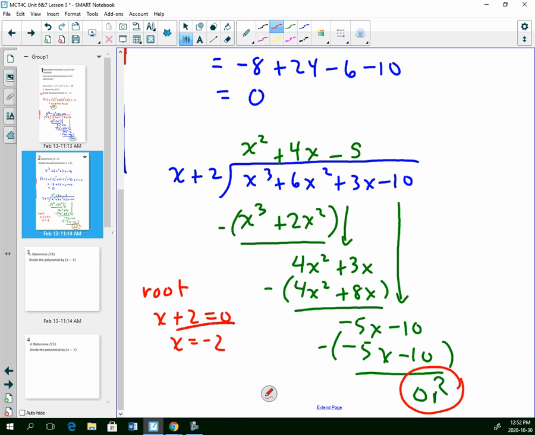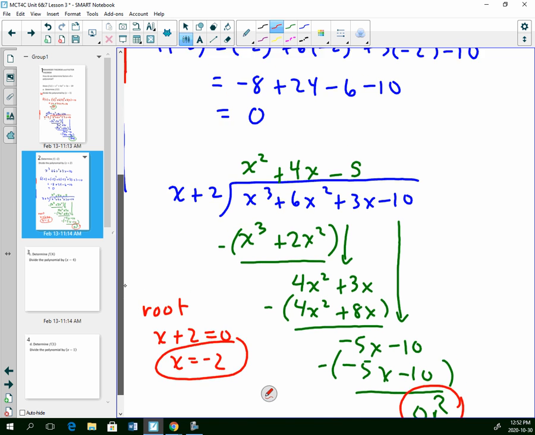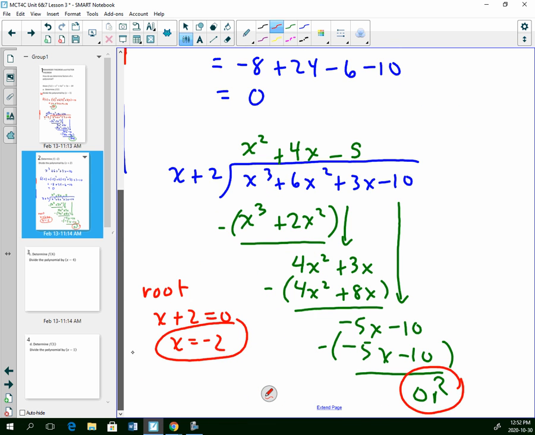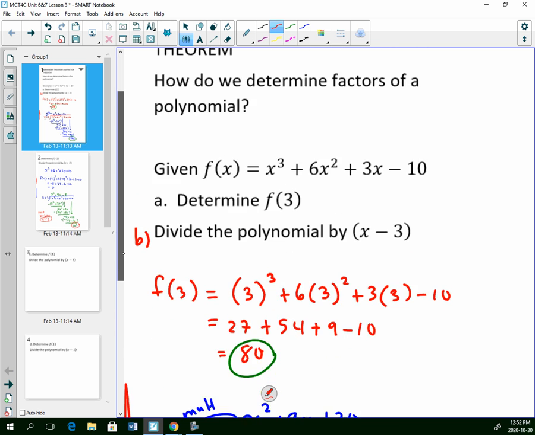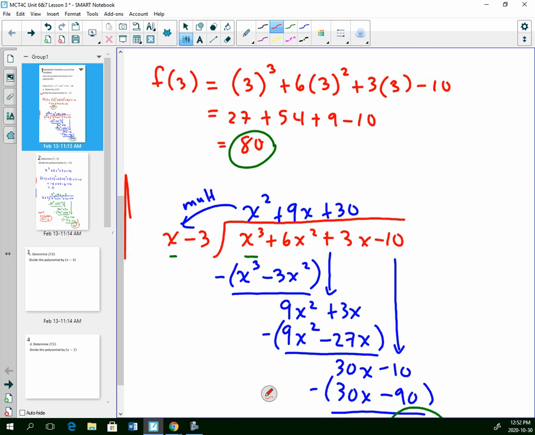So if I do function notation of the root, negative 2, I get the same remainder. The same with this question. The root of x minus 3 is x equals positive 3. And if I sub that into function notation, I got the same answer as the remainder.